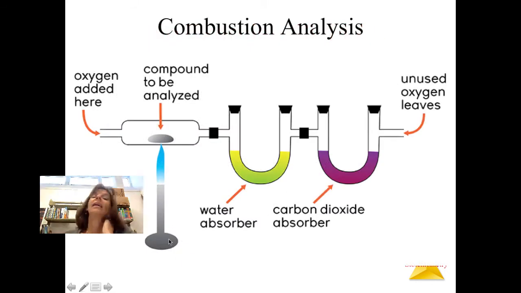All right, next, combustion analysis. Sometimes it's difficult to get a particular mass of each element for a compound. So one way to get around that is to use combustion analysis.